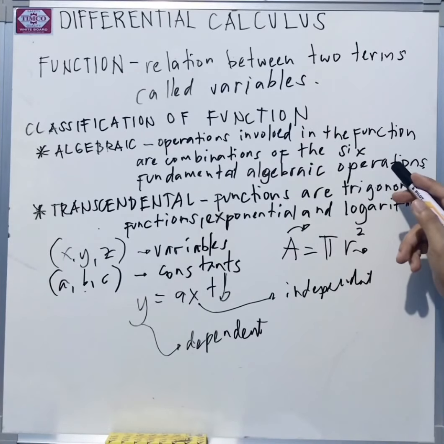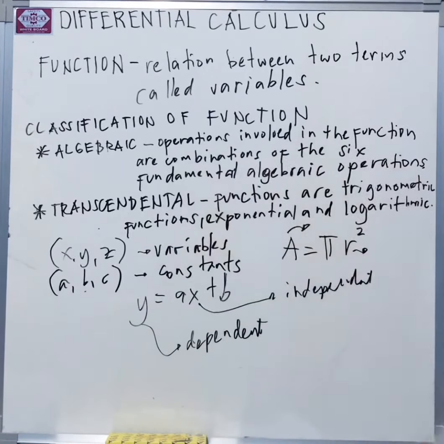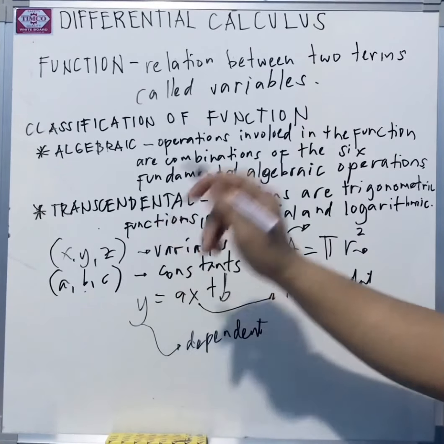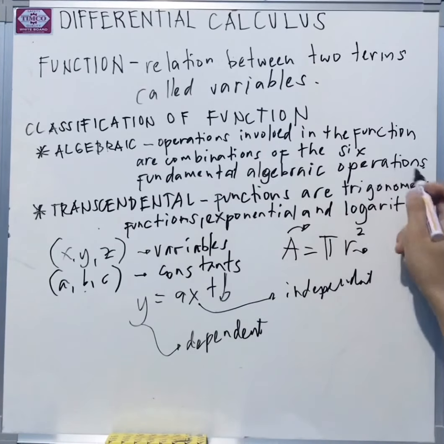That includes evolution, the process of taking the nth root of a number, and involution, the operation of raising a number to a power. Pag present yung six fundamental algebraic operations natin, masasabi natin siya na algebraic function.